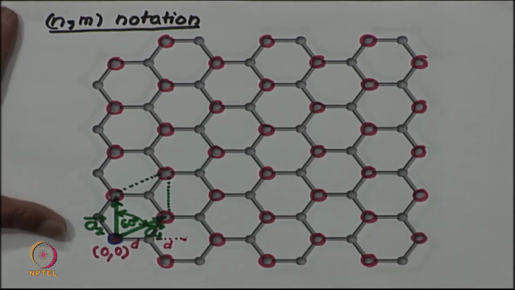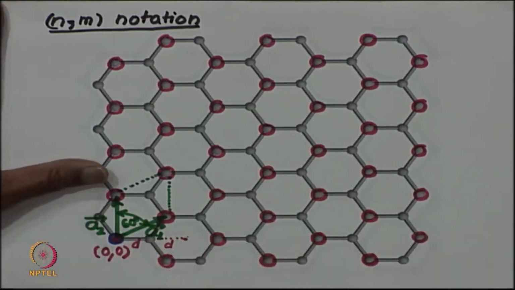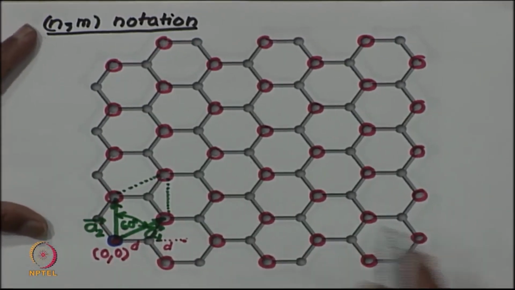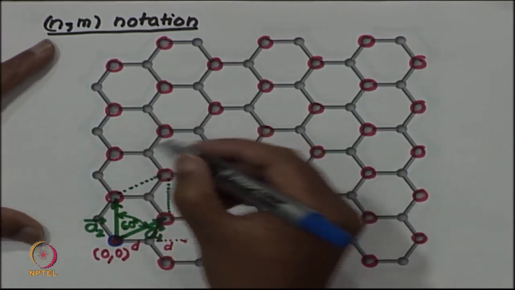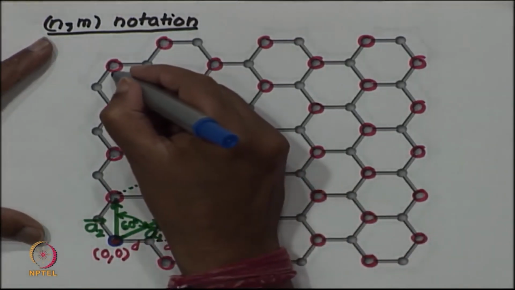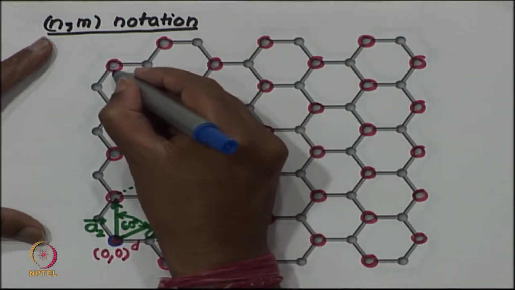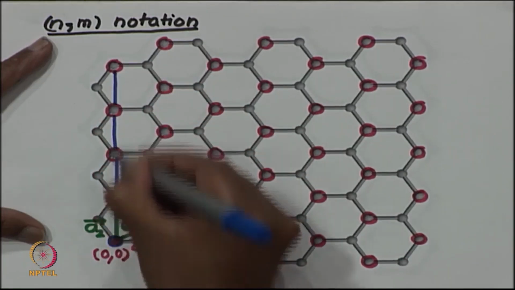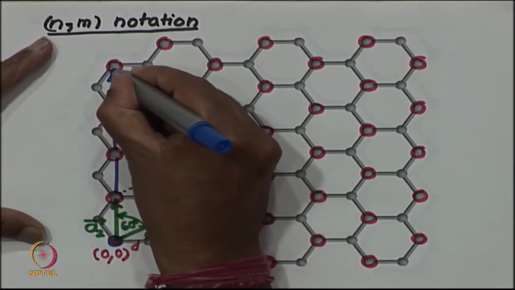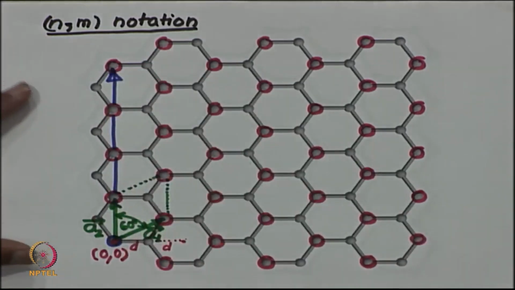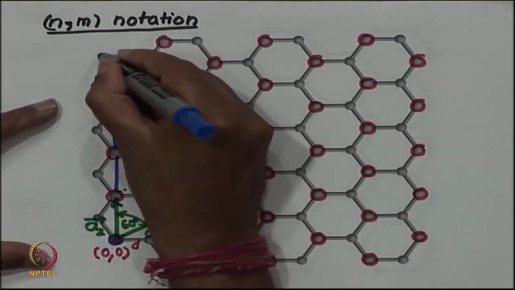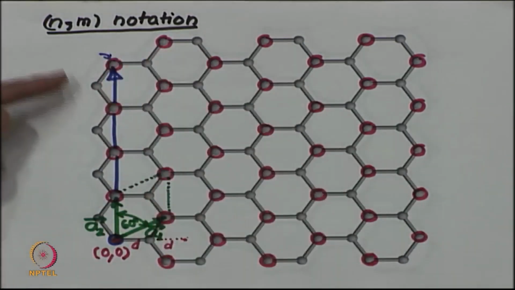So, this brings us to the fact that if I take any vector in the graphene sheet, let me take this particular vector, this blue vector, this end atom will be identified with the origin.